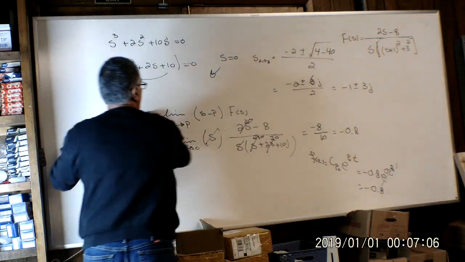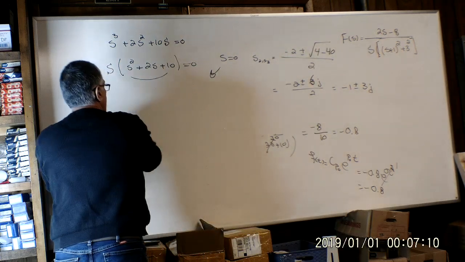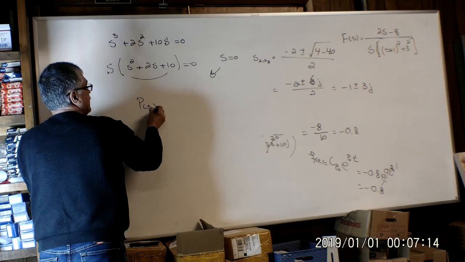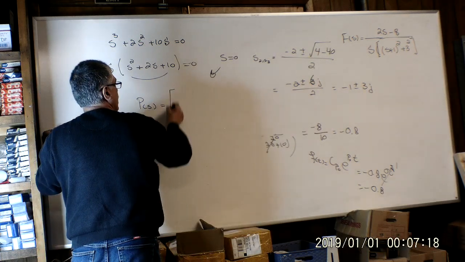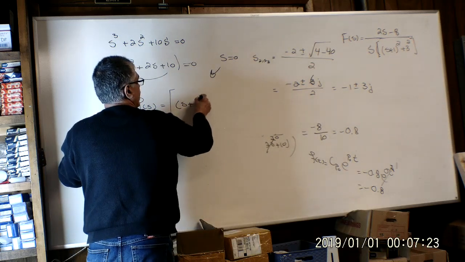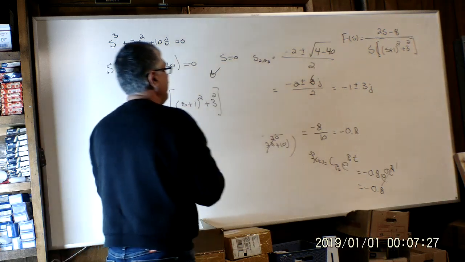And now we have to find the term P(s) in this relationship. P(s) is equal to ((s plus 1) squared plus 3 squared) multiplied by F(s).